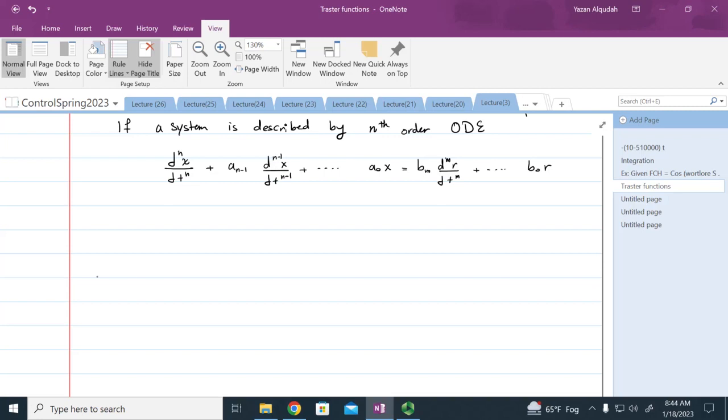We take the Laplace transform, and we take the output and the input, and then take the ratio. So what we're going to do is take the Laplace transform. What is the Laplace of the nth derivative of x?